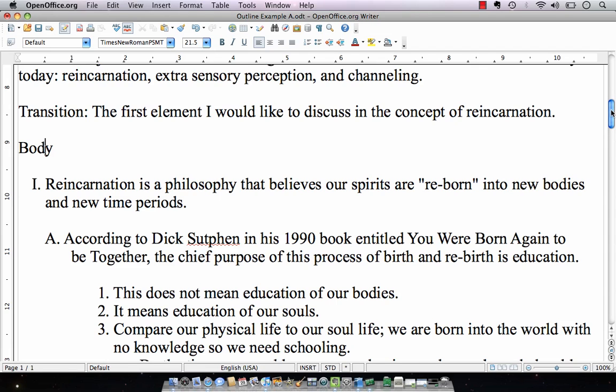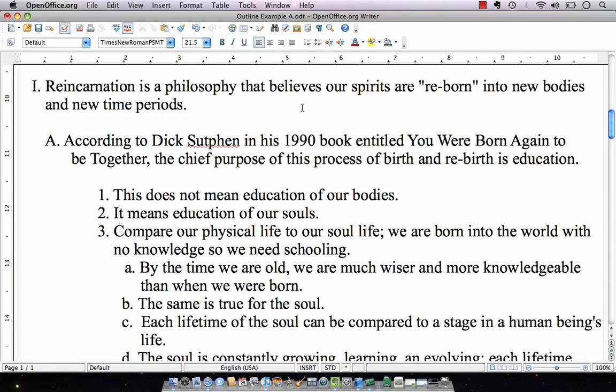A couple of things about the body of the speech. First off, remember it's going to be in outline form, not in essay form or paragraph form. Right, so you'll have Roman numerals, letters, numbers. That's what I'm going to be looking for. A second thing to keep in mind is I'm going to want full sentences in your outline.